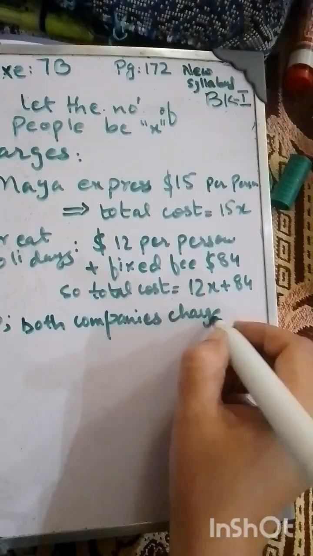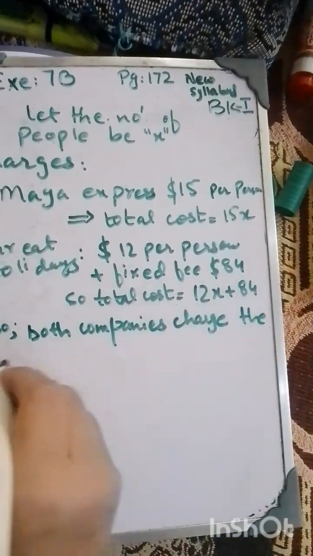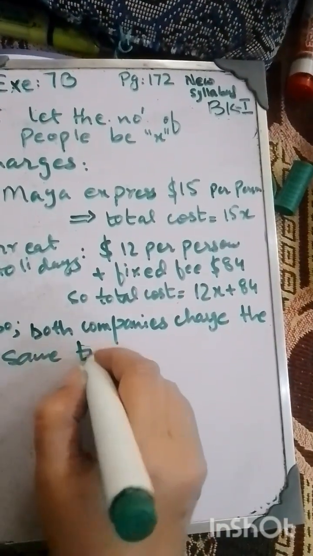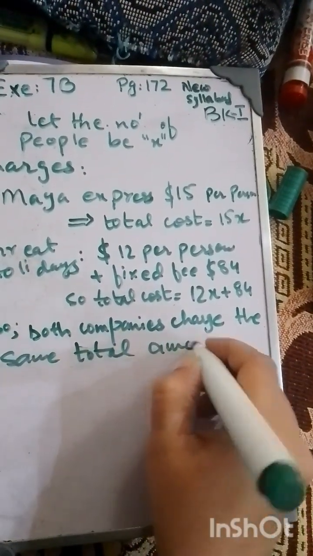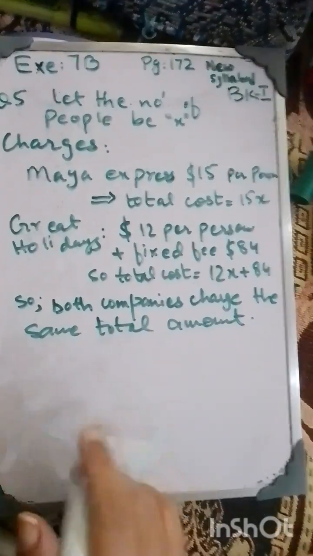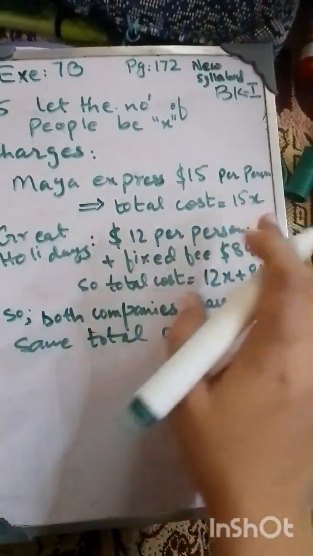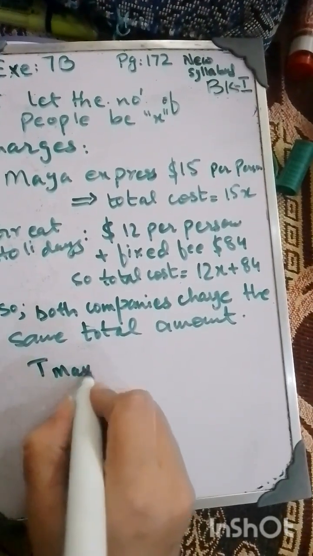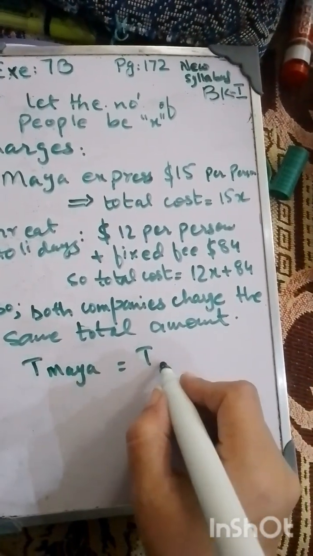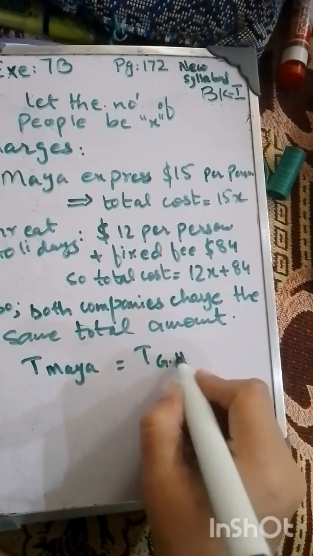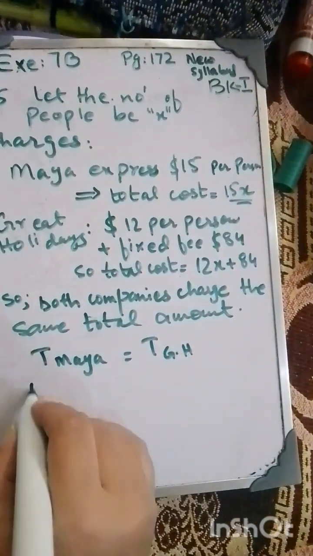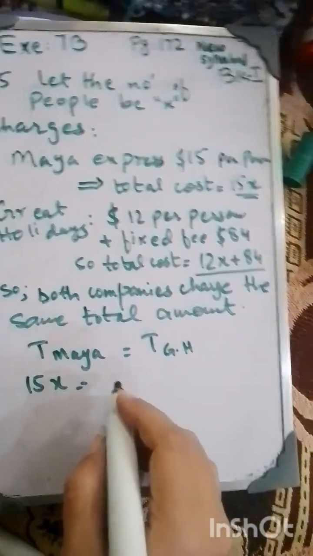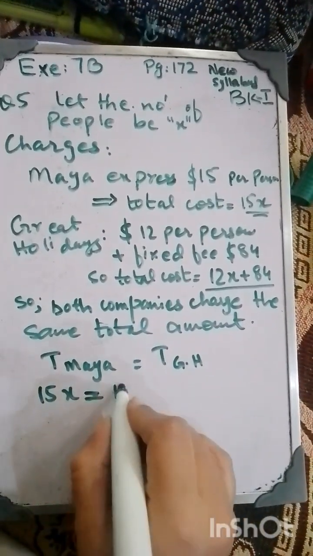Then the statement will be, this is how we are comparing it. The total charges of Maya Express and total charges of Great Holidays. So it is 15x equals 12x plus 84.